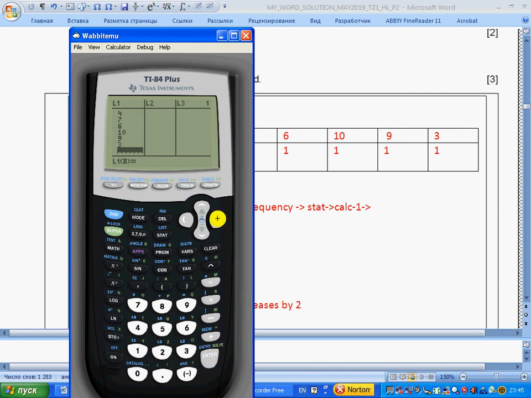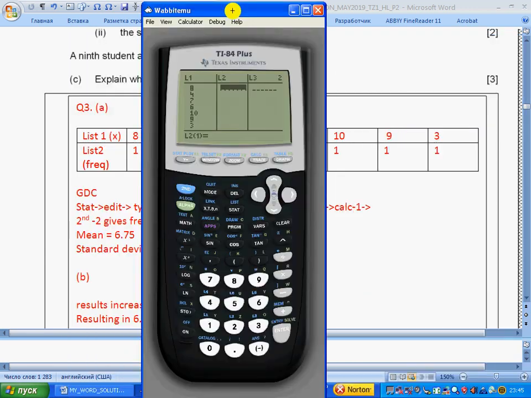Then we go to the right for frequency, and the frequency is 1, 1, 1 except for 7. 7 is 2. Oops, a mistake here.